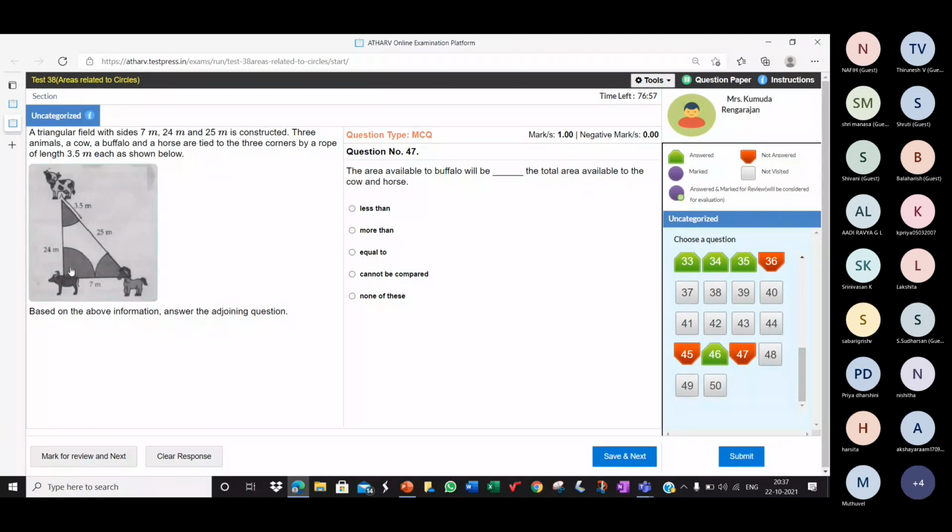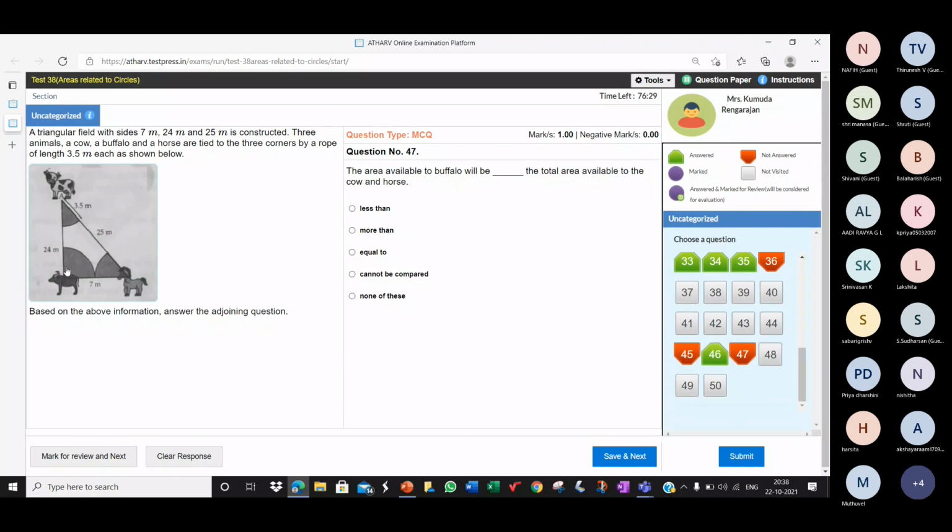The angle here is 90 degrees. Angle A plus angle C, this angle plus this angle, also will be 90. Because if this is 90, the sum of the remaining two angles will be 90, since 90 plus 90 is 180.